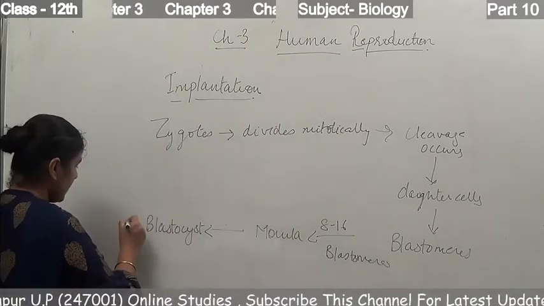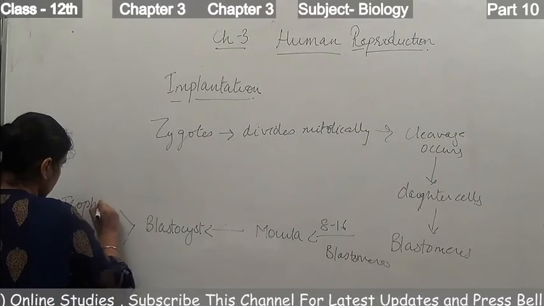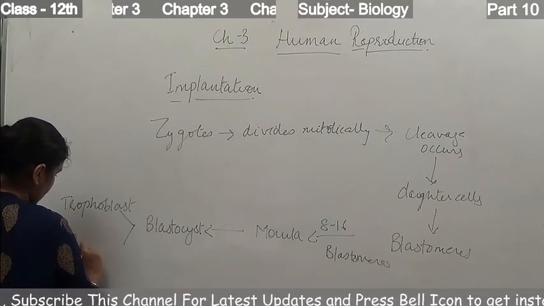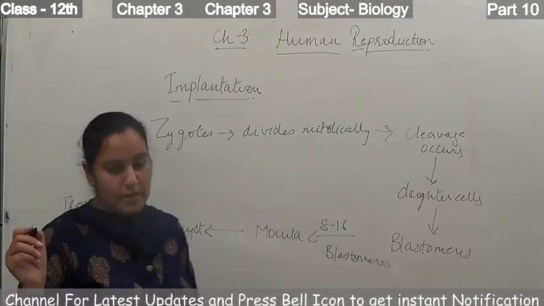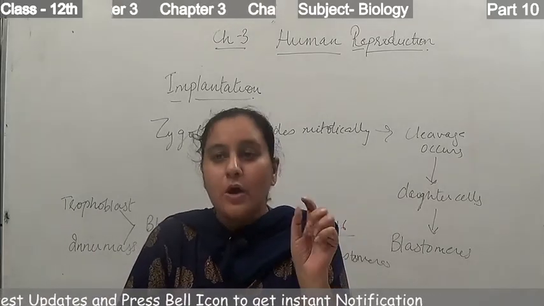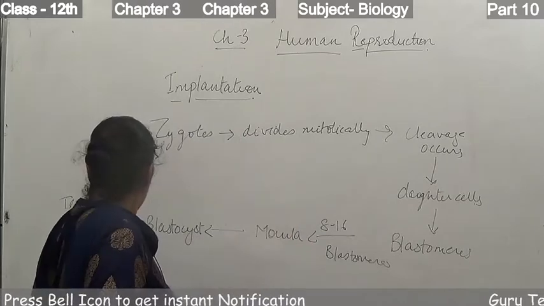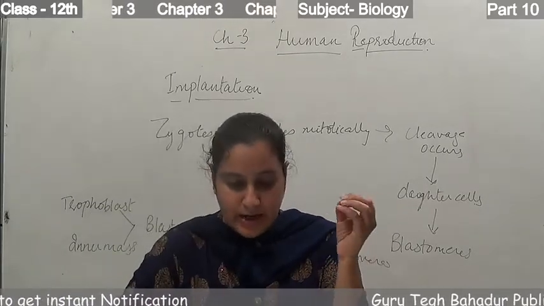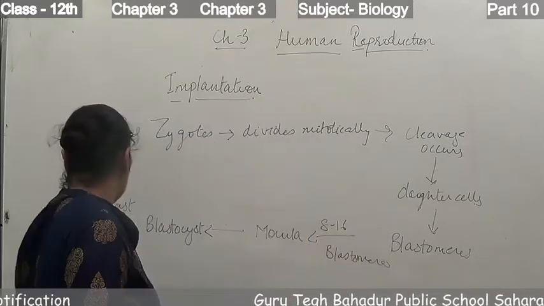One layer is the trophoblast and another one is the inner mass. One is the outer layer that is known as the trophoblast, and the other is the inner group of cells attached to the trophoblast, called the inner cell mass.